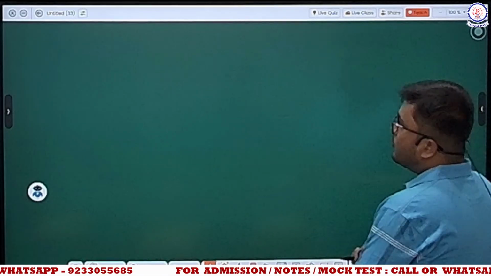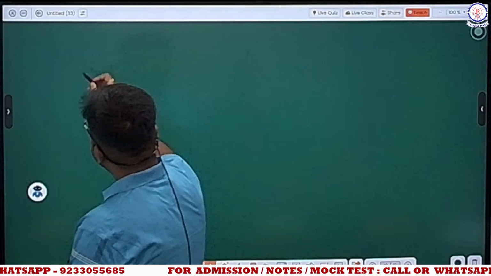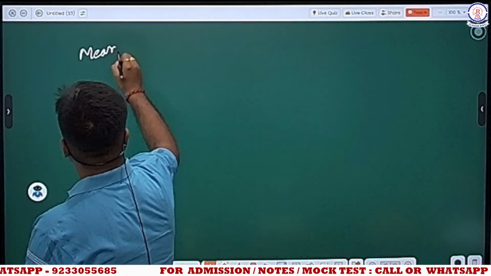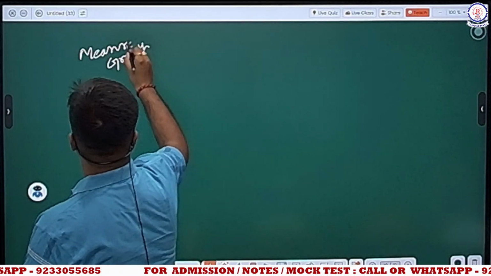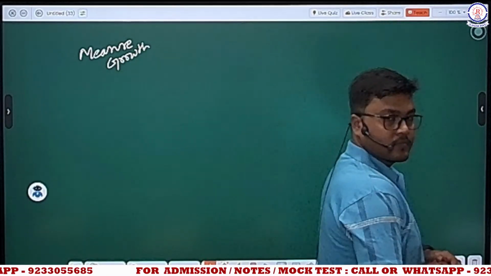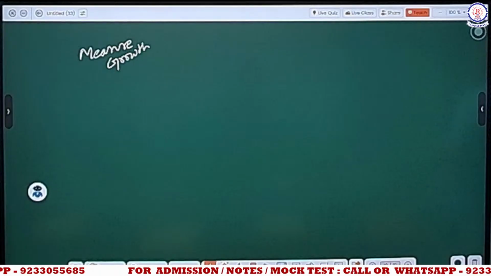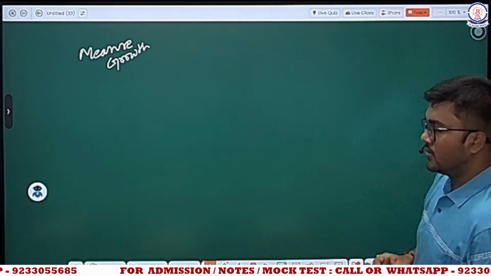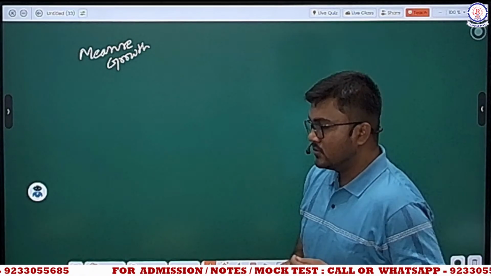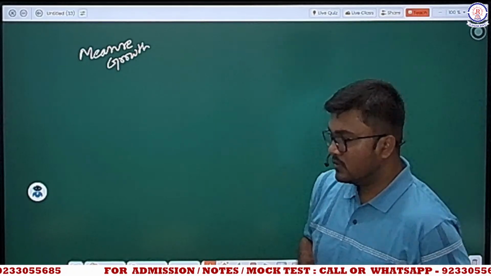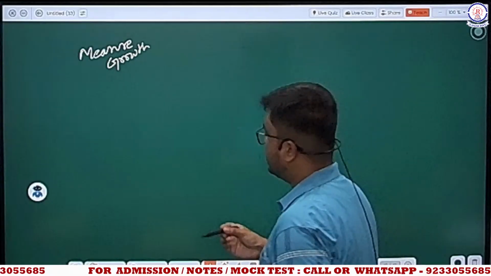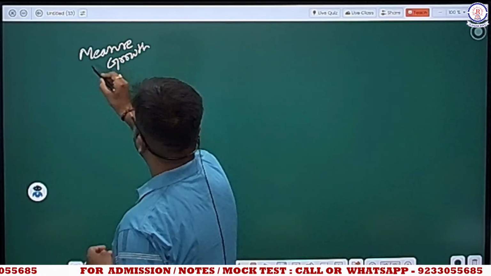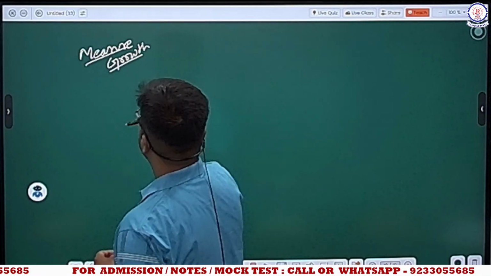Now, how will we measure growth? Exactly, by measuring some indicators.